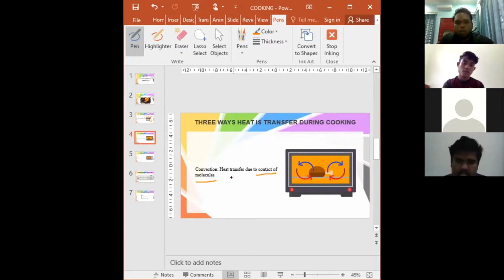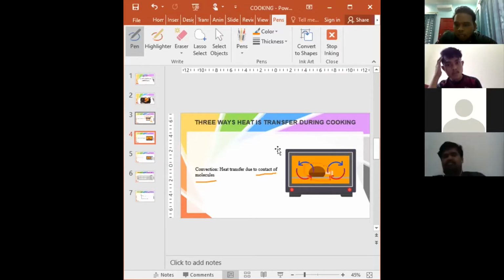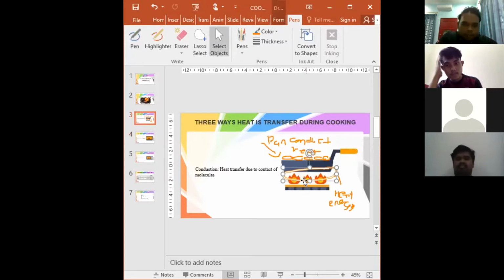For example, when we heat this burger, it is nearer to the heat source, which is the fire.